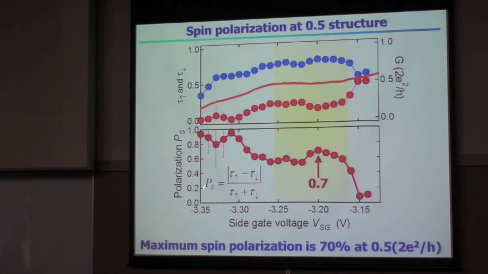By using this formula, we can evaluate the spin polarization. Around the 0.5 structure, we obtained 70% spin polarization without an external magnetic field or magnetic materials. And at even lower conductance, we can get higher spin polarization, almost 100%.